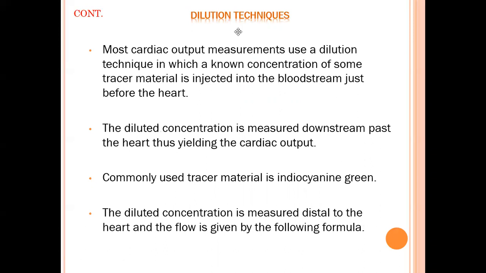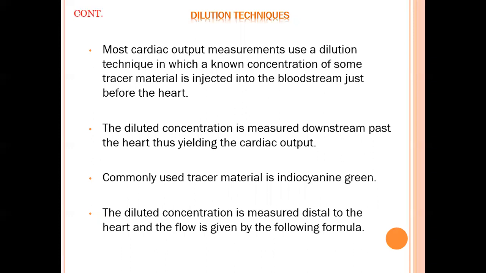So let us look at the dilution technique. Most cardiac output measurements use a dilution technique in which a known concentration of some tracer material is injected into the bloodstream just before the heart.